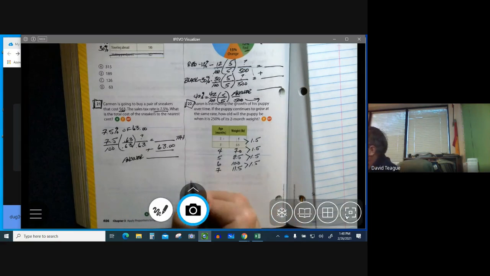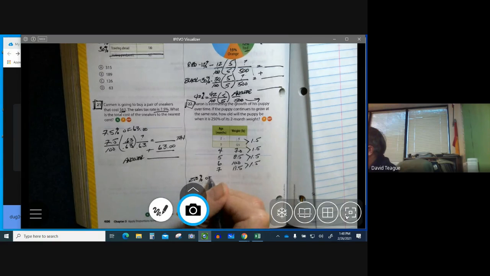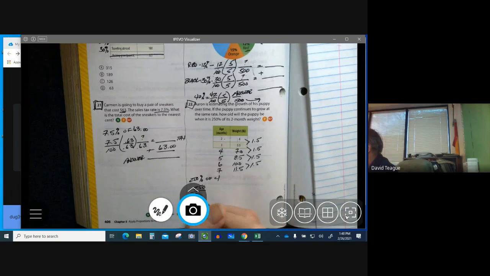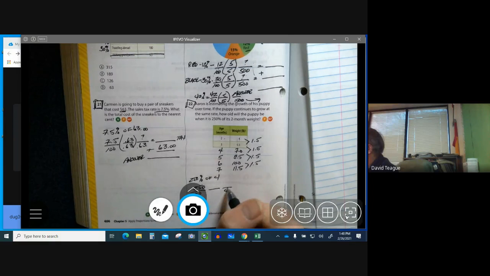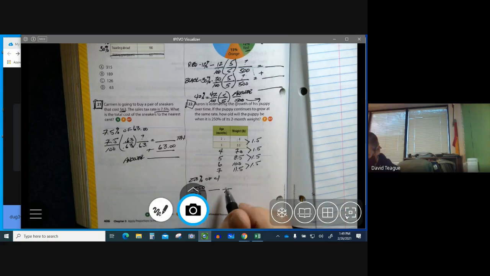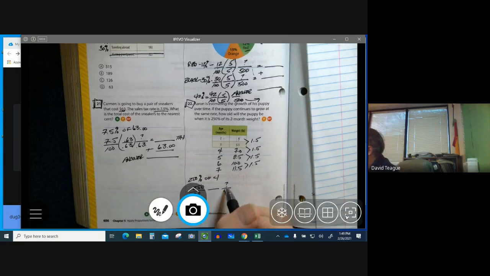250% of 4 seems crazy, but our little system works. 250 over 100, and we put 4 here because this is the whole. We're trying to find what this number is.